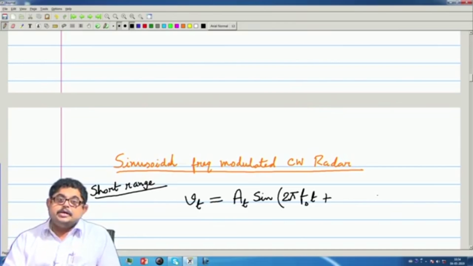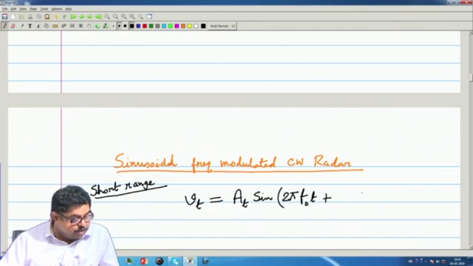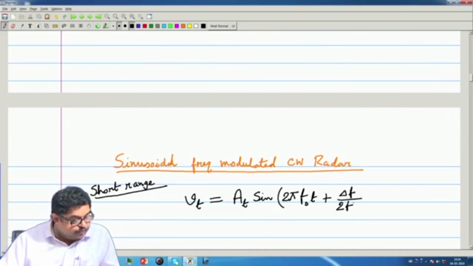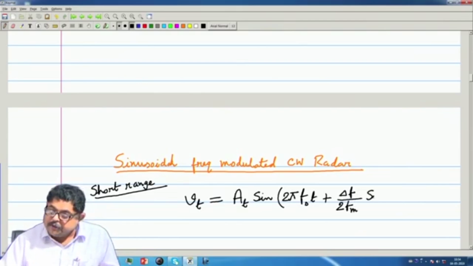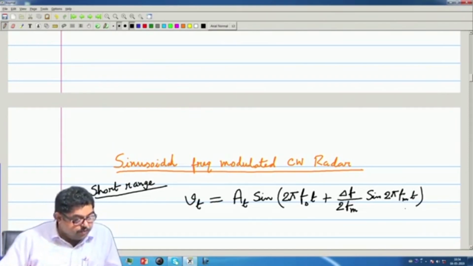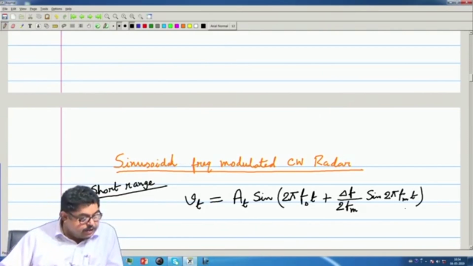I think you know this expression from your analog modulation classes, the frequency modulated wave. The frequency is getting modulated with a modulating frequency f_m. This expression is known.